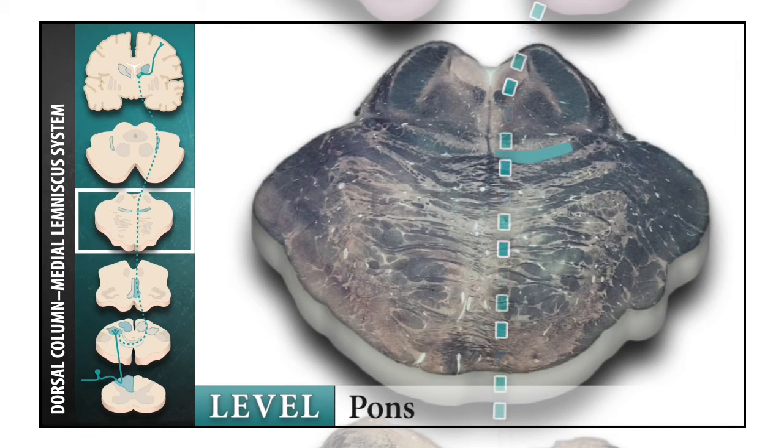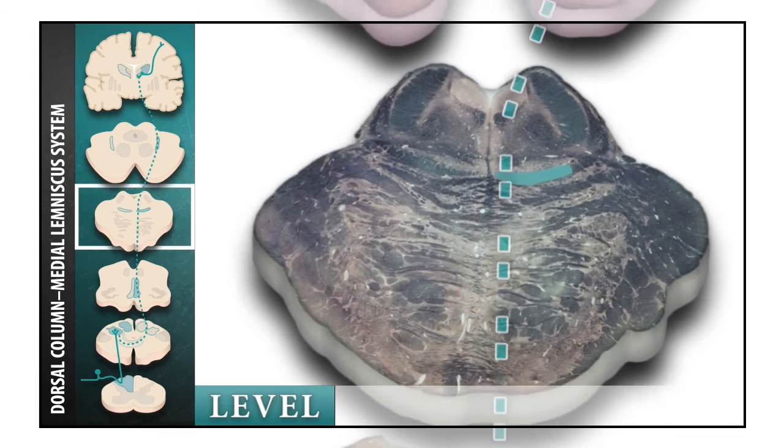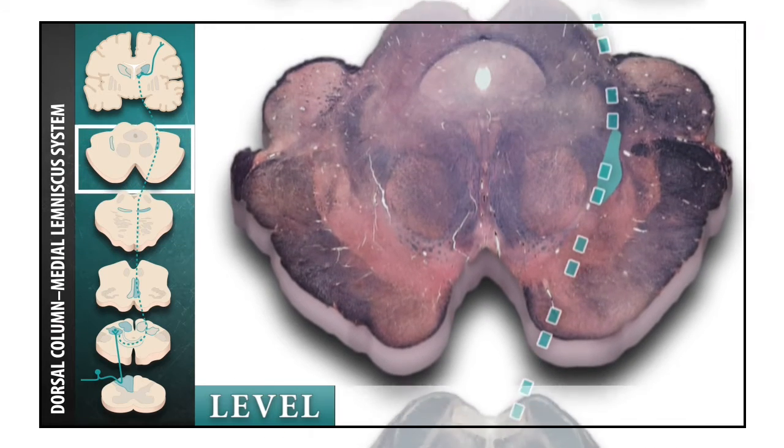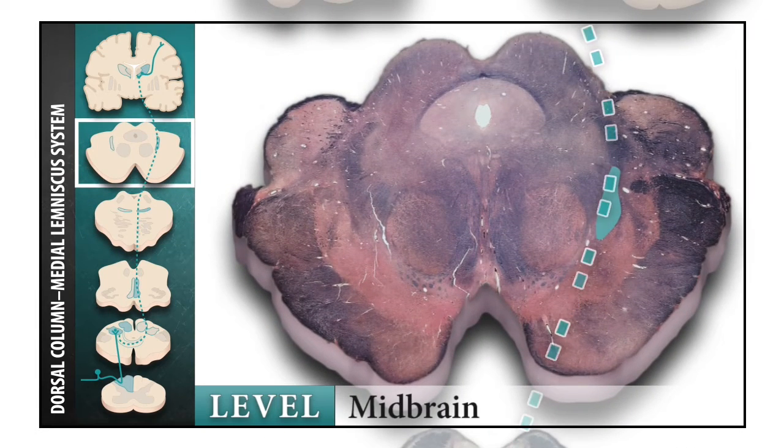In the pons, the medial lemniscus flattens horizontally. As the medial lemniscus continues to ascend through the rostral pons and midbrain, it moves laterally and vertically.